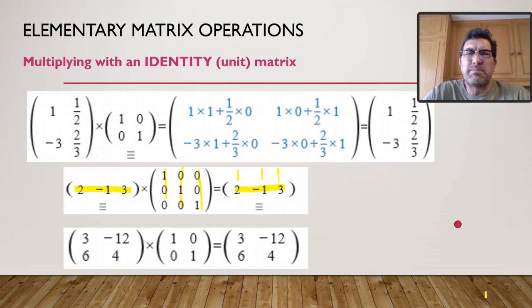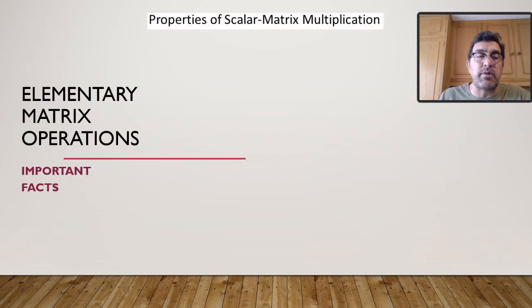Why do we multiply with the identity matrix if it just gives us the same matrix? The only thing that this does is show you that if you multiply any matrix with its equivalent identity matrix, the matrix remains unchanged. That's going to become important in work in the future, so please remember that property.